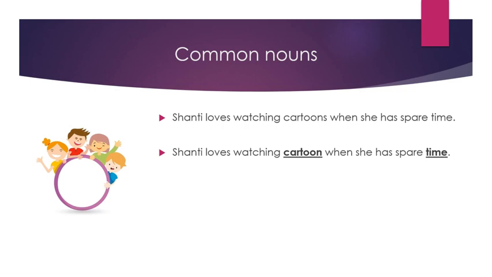She loves watching cartoons, but we don't know what type of cartoon she loves watching. It could be Bugs Bunny, it could be Kung Fu Panda, it could be any type. We don't know which cartoon, only that it's a cartoon. And when she has spare time, there is no specific time here. We don't know what time her spare time is. All right.